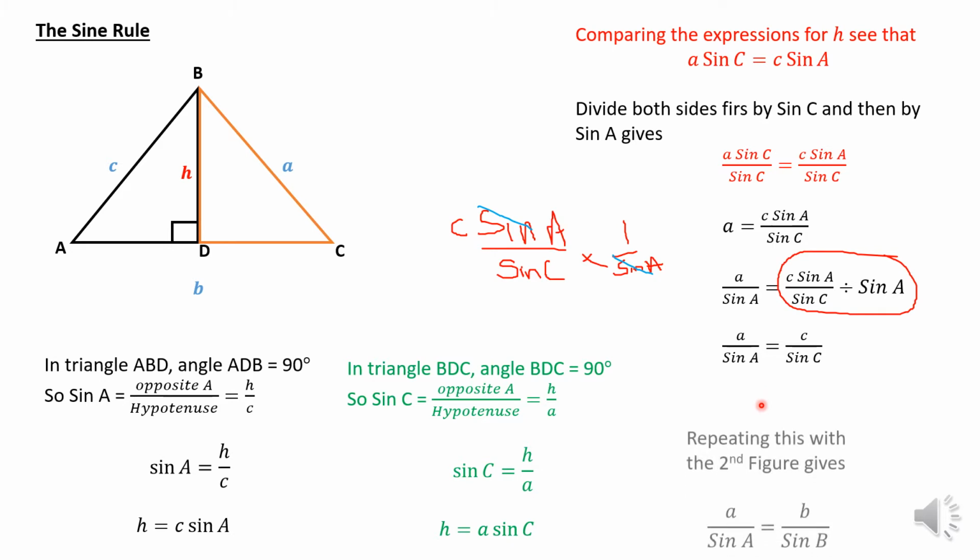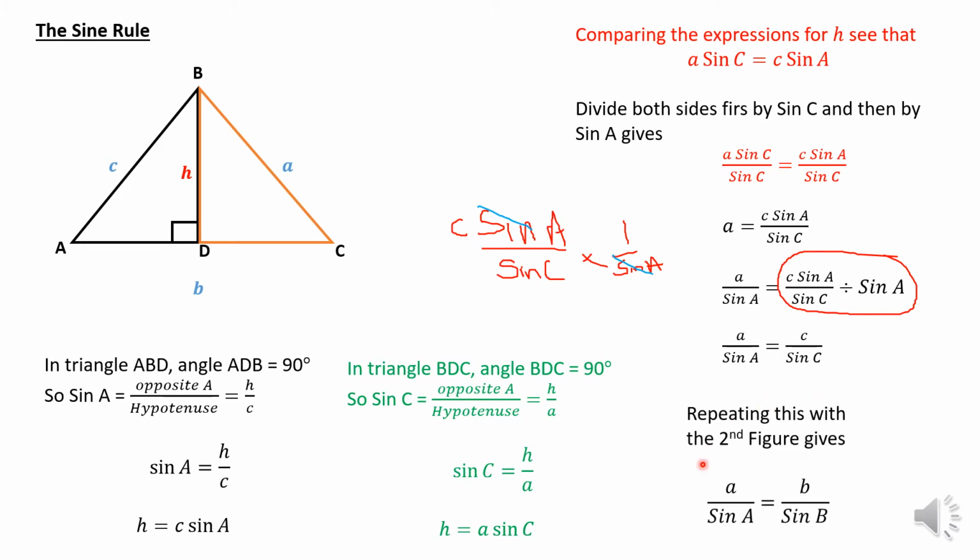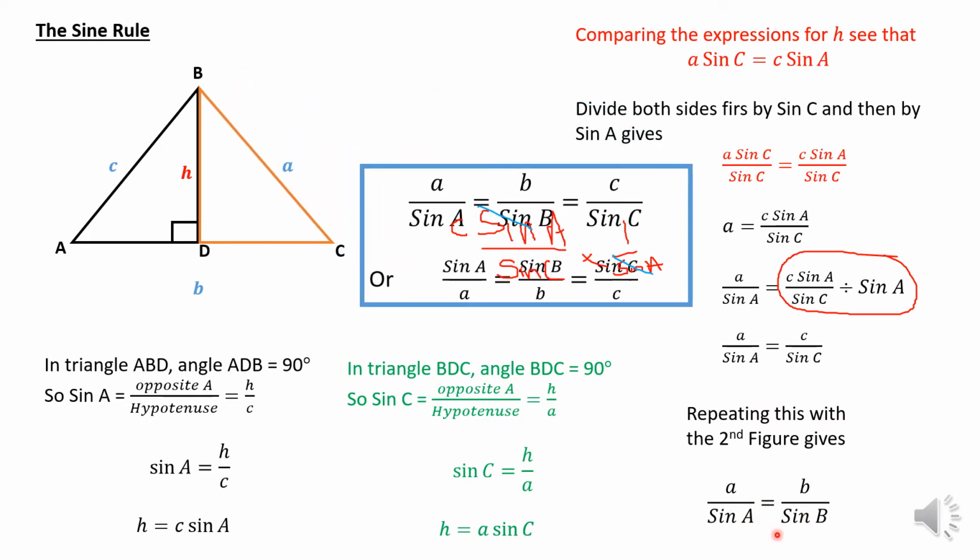Then if we continue the process and do the same, we will get that A over sin A equals B over sin B, which would be the same as C over sin C. Now what you can also do is swap them around, because you can equate them when you swap the fractions around as well.